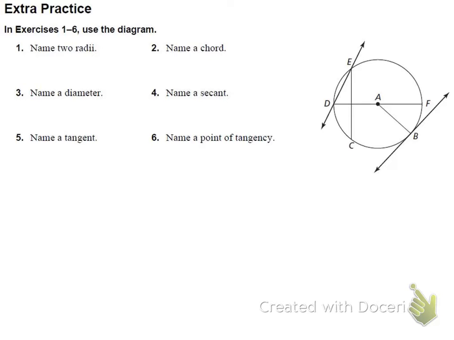So the center here is A. So what is a segment that starts at A and then touches the edge? AB. So it is a segment. What is another radius? AF, correct. Starts at A. All right, and then one more. AD, correct.